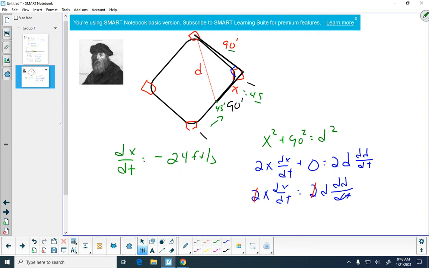So what's our distance d using our Pythagorean equation? When this is 45, what's d? So we have 45 squared plus 90 squared is equal to d squared, and we can take the square root.